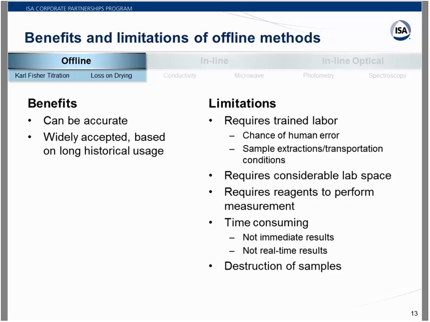Other people may take a grab sample from a tank or open container of liquid, and if it has sat for a while, you may get stratification. One person dips just at the surface, one person dips way down at the bottom of the container, and those samples will measure differently when the analyst does them in the laboratory.